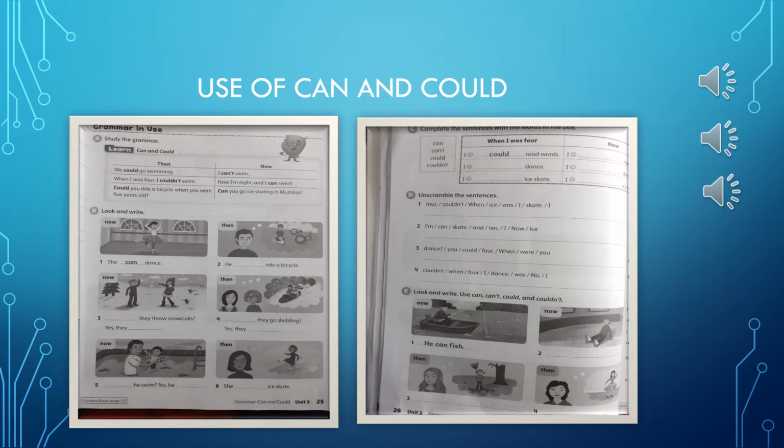Number two. The number two sentence is about now. The correct sentence would be: Now I am 10, comma, and I can ice skate. Full stop.